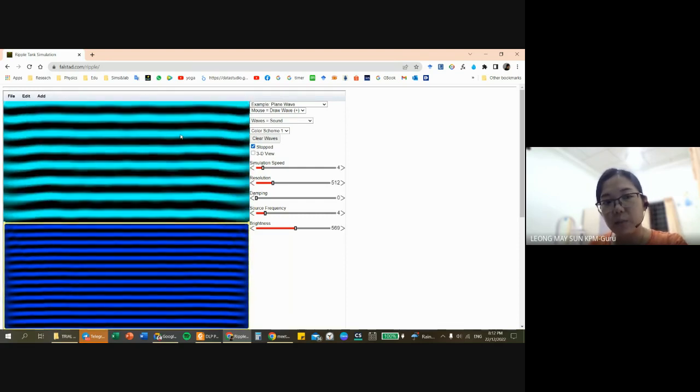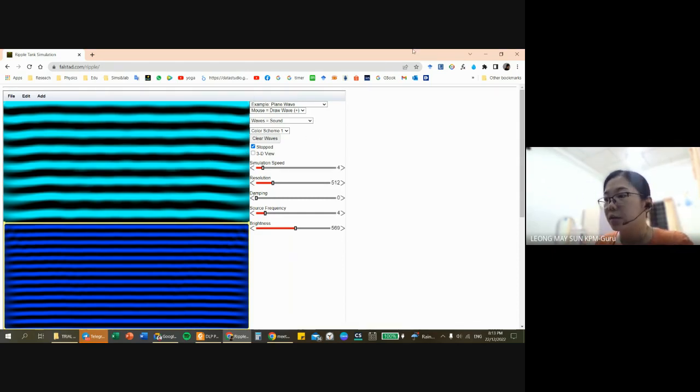Wavelength is the distance between two consecutive bright fringes. So did the wavelength increase or did the wavelength decrease? Decrease. Good.